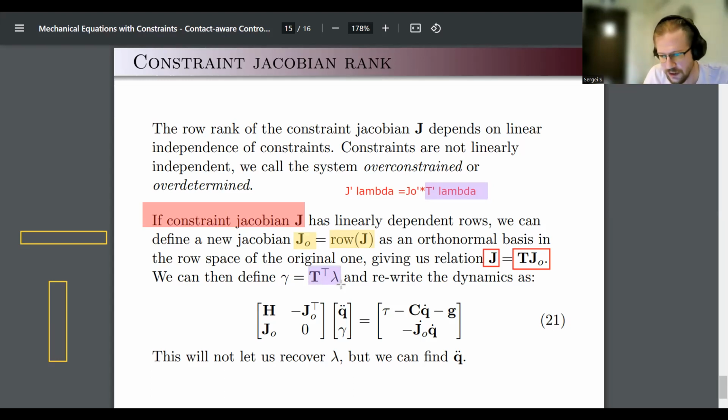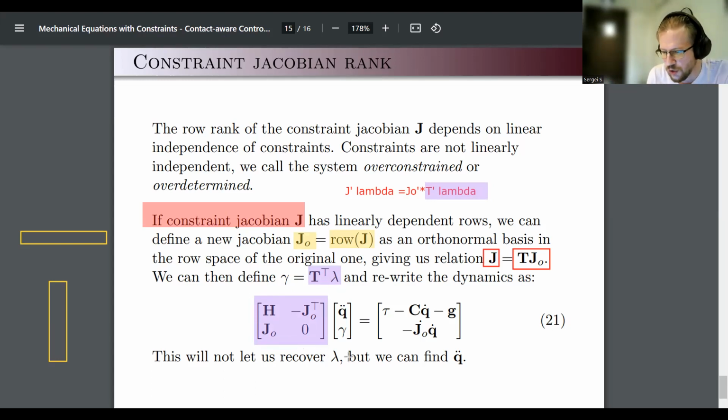I call it gamma, whatever. And notice that this gamma is now multiplied by the new Jacobian, which has linearly independent rows. Why? Because it is an orthonormal basis, so by definition it is full row rank. And now this guarantees a Schur complement which is invertible. So full rank, so this is invertible now.